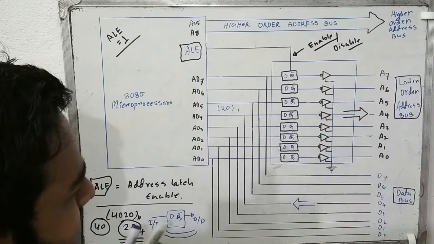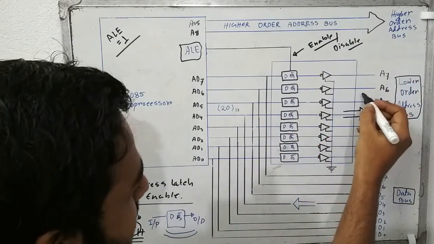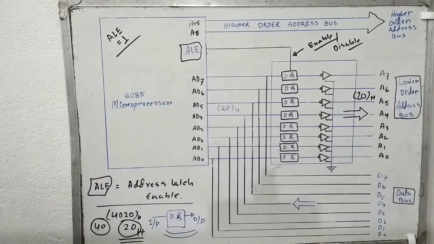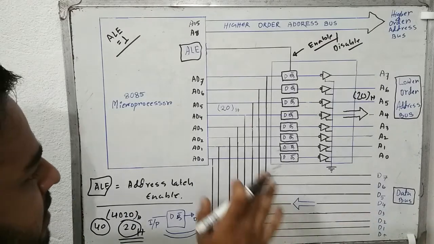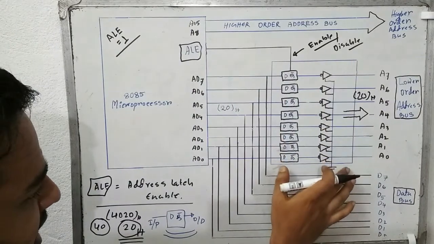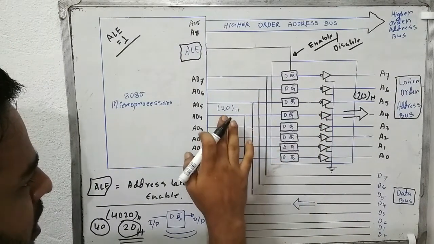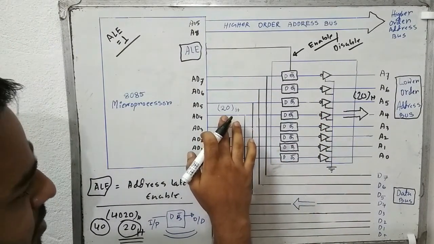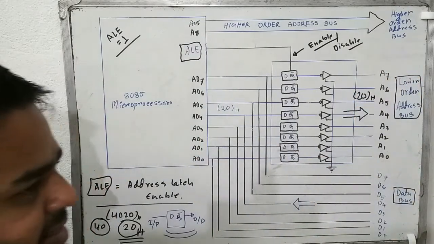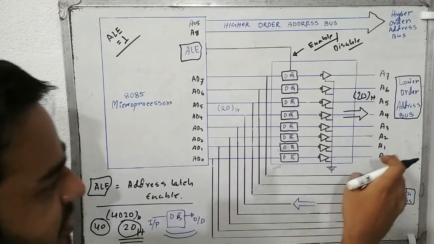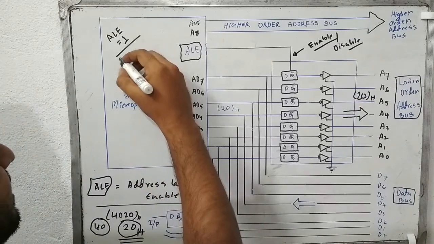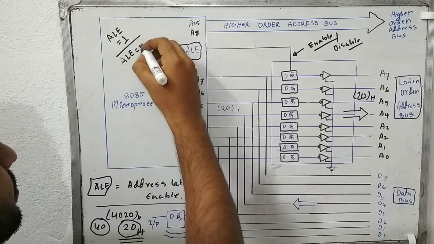Then the address, 20H, will go to the memory, indicating the particular memory location. So when ALE is 1, the circuit is active, it will allow the lower byte of the address, and that means the lower order address bus is acting as an address line.